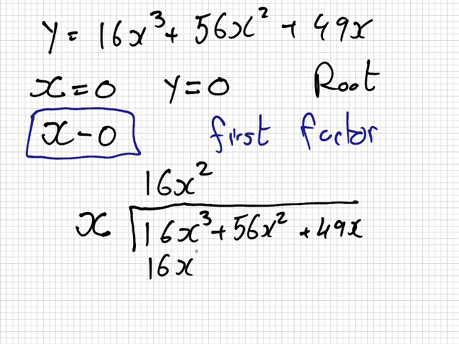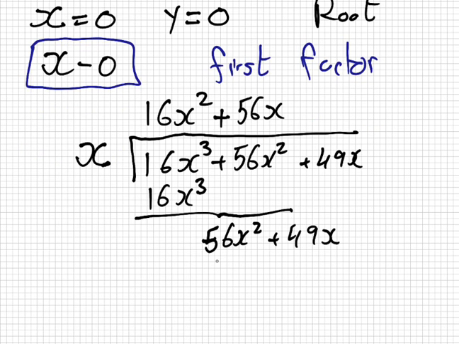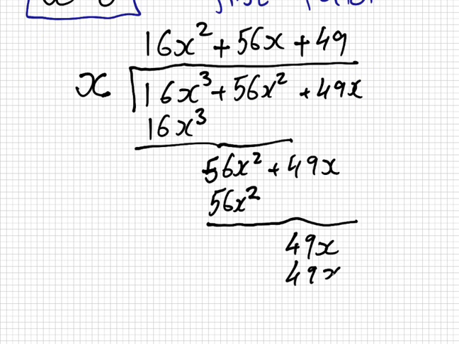Subtract 0, and then here is carried down 56x squared plus 49x. Okay, what do I need next? 56x, isn't it? So here I get 56x squared. And then I subtract, and what's here? 49x. And then what's next? Plus 49. And then here I get 49x, and I subtract, and I have 0.